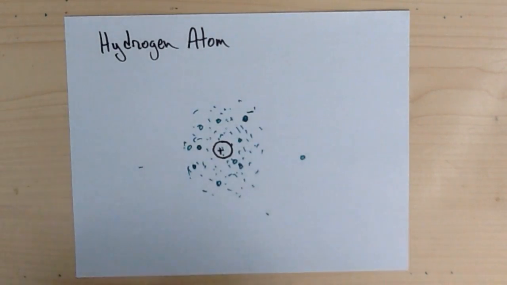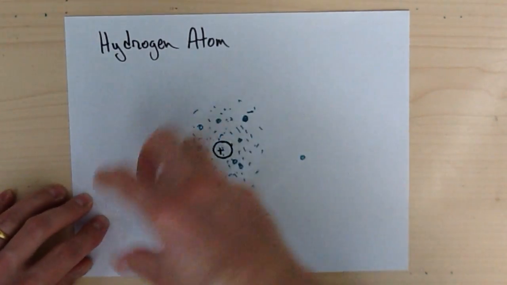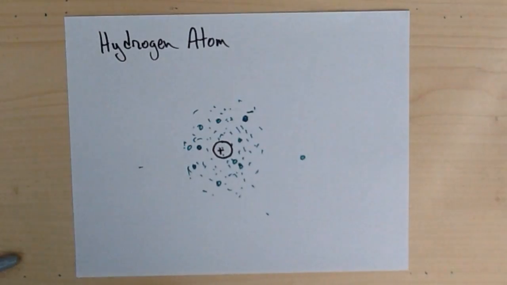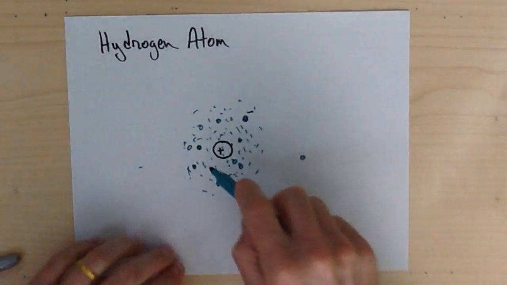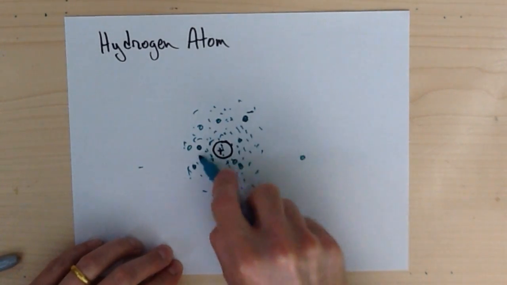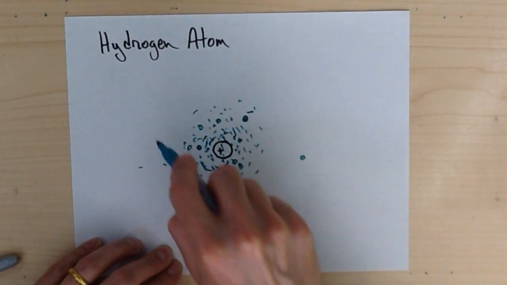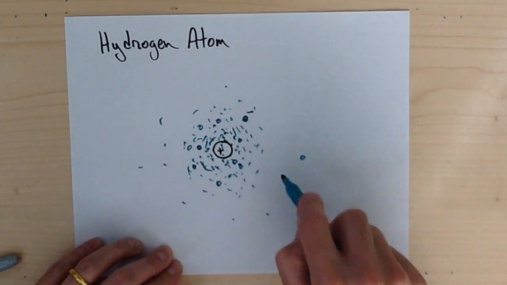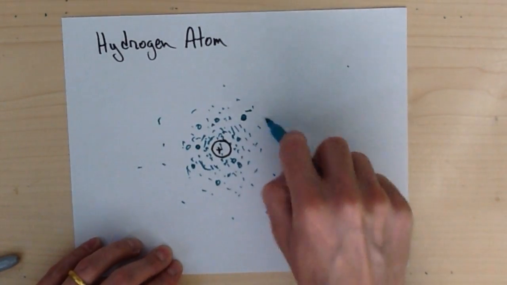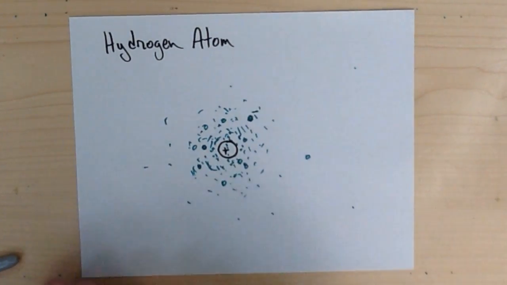And eventually, we're going to get a cloud of possibilities every time we ask the question, where is the electron? And so that cloud is going to wind up looking very dense, close to the nucleus, and then less dense the further out you examine.